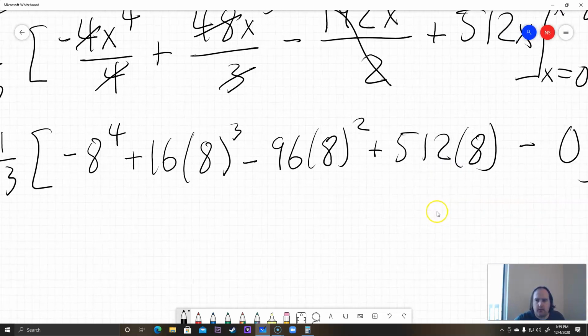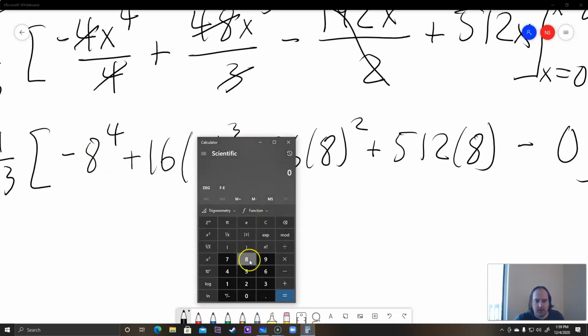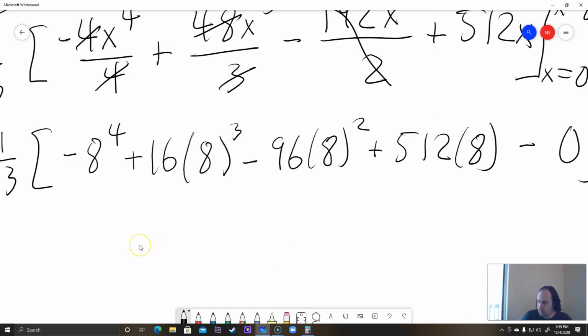All right, so this might be good to do on a calculator. 8 to the 4th sounds like a lot of work. So let me go ahead and use a calculator. 8 to the 4th is 4,096.